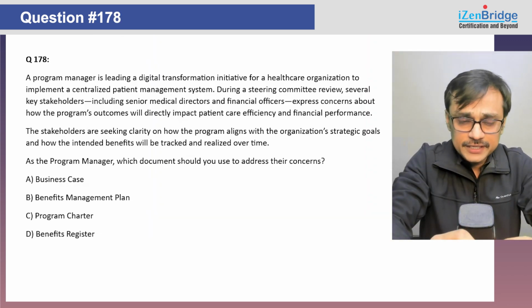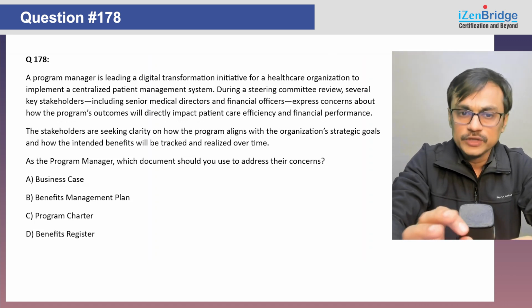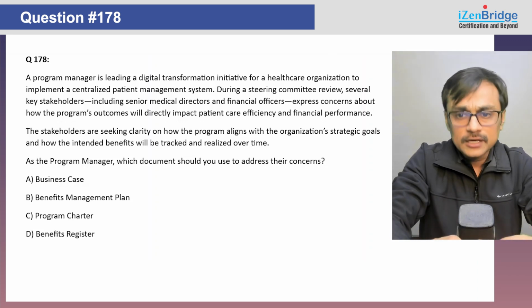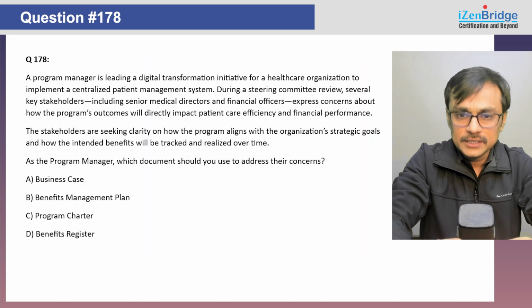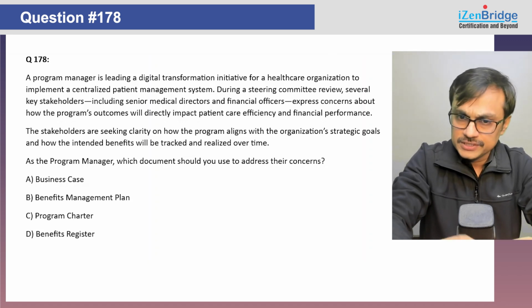Question number 178. A program manager is leading a digital transformation initiative for a healthcare organization to implement a centralized patient management system. During a steering committee review, several key stakeholders, including senior director and financial officer, expressed concern about how the program outcome will directly impact patients' care efficiency and financial performance.